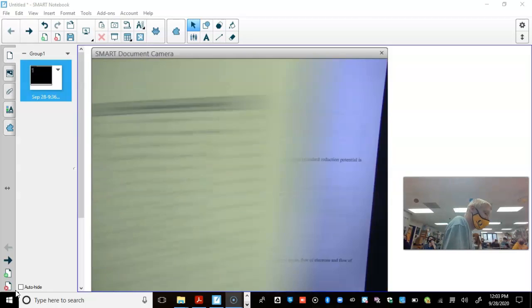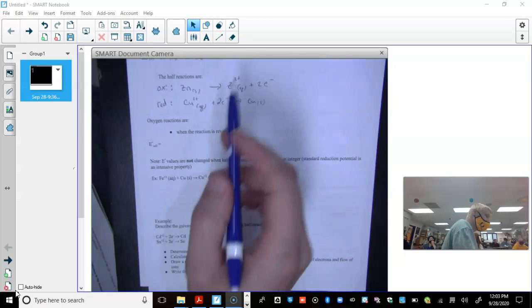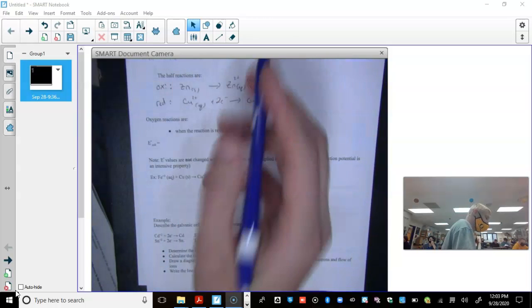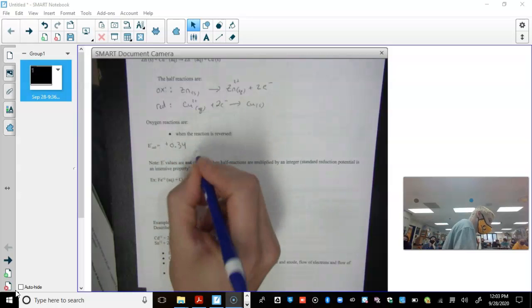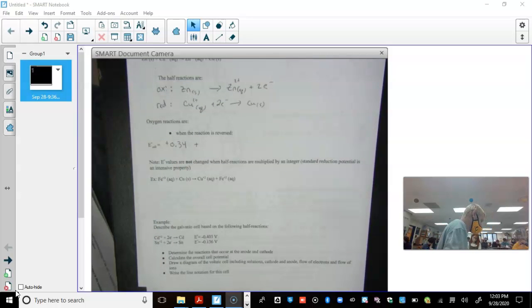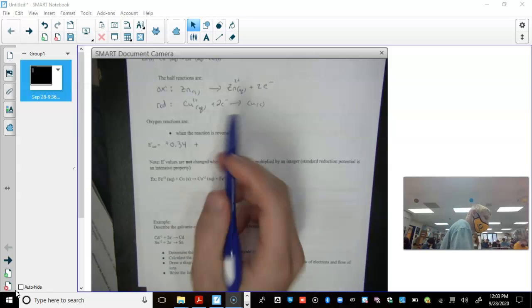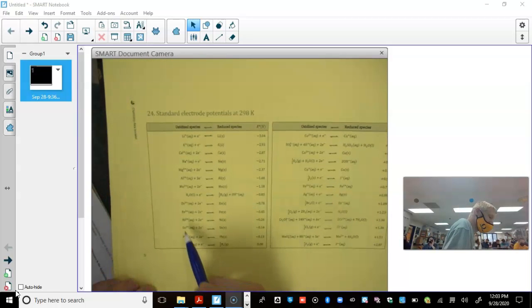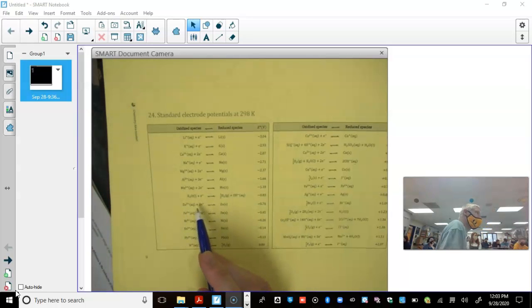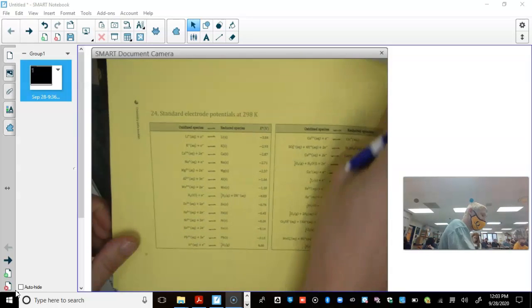And we said copper was being reduced, so reduction plus oxidation, plus 0.34. Then we've got oxidized zinc. Zinc, zinc, zinc. Here it is, negative 0.76.